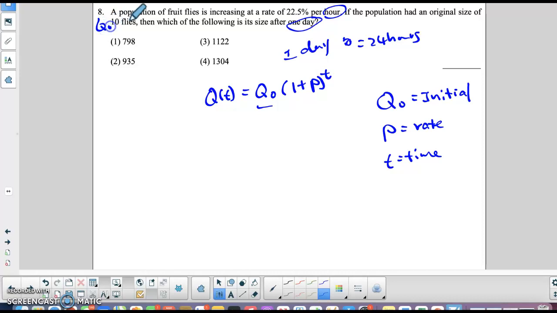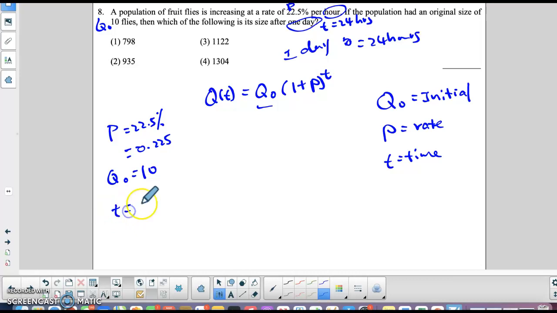This is Q0, T equal to 24 hours, and this is P. Okay, let me just write it down here. P is 22.5%, that is 0.225. Q of 0 equal to 10, T equal to 24 hours.